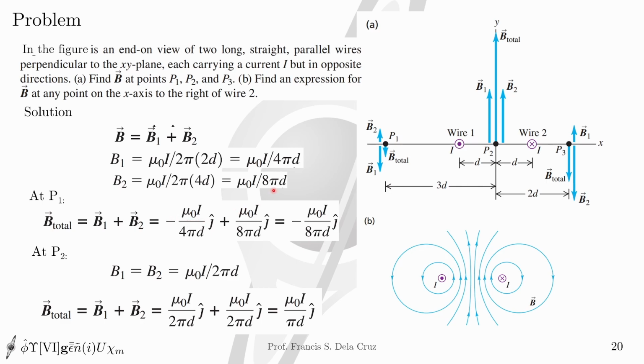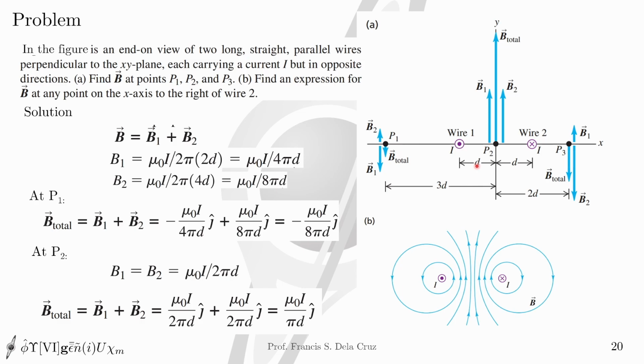How do we determine the direction? Right hand rule. For wire 1, you curl your hand around the wire, and the direction of the current is dictated by the direction of your thumb. If your thumb is out of the page, it means that the field due to wire 1 will wrap around the wire in a counterclockwise manner if you are looking directly towards the screen.